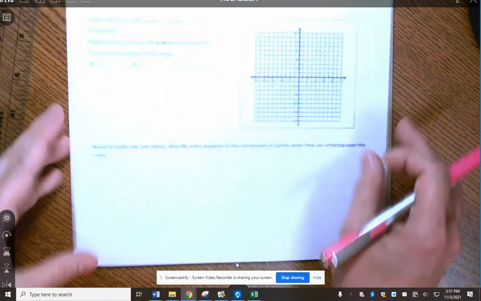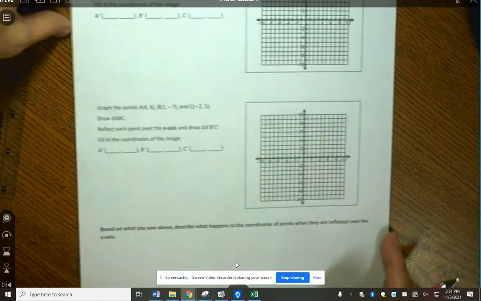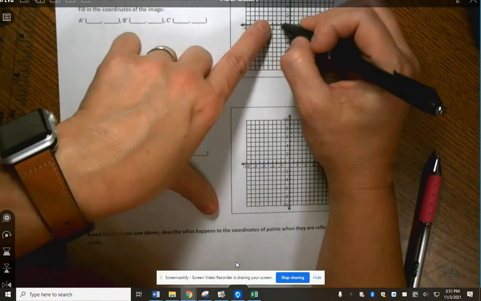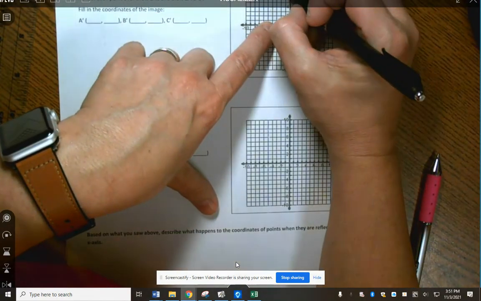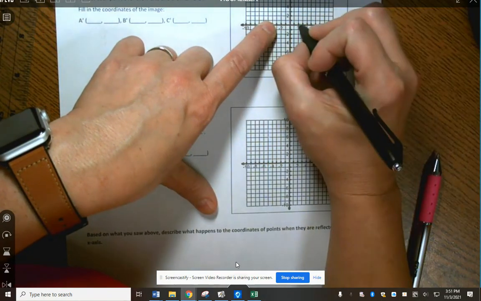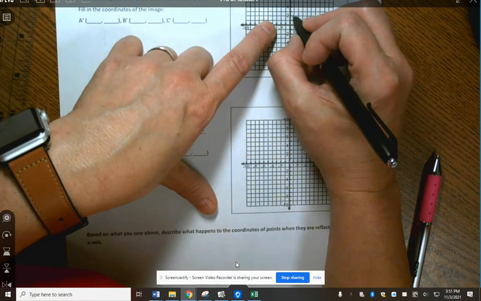But now I'm going to move to the coordinate reflections page. And you're going to graph point A, which is at -3, 8. B is at 1, 2.